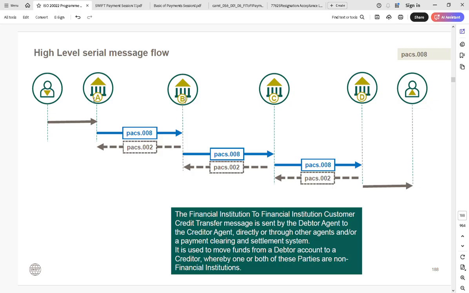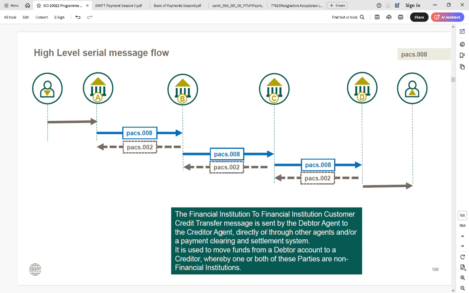In this case, the sending intermediary bank changes from B to C. And on the response path, a status message is generated as the auto status of the current payment, which is PACS.002.